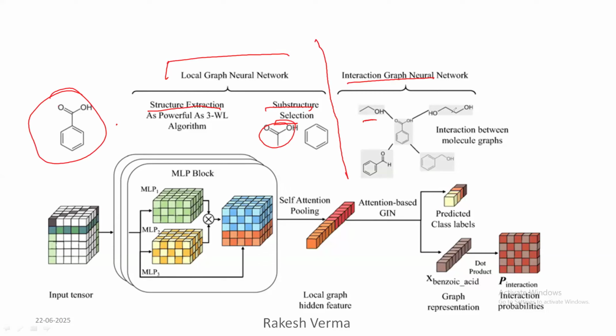So it performs the interaction between different molecule graphs and tries to predict some class label. So which particular type of molecular structure follows which type of formula or medicines.